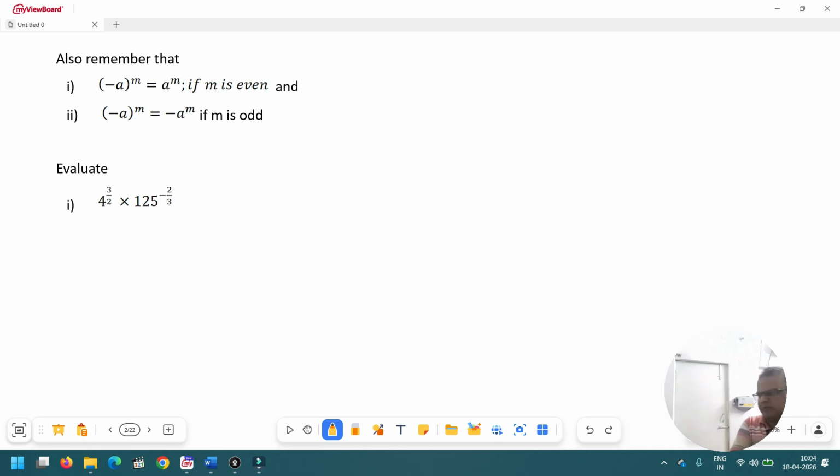Now consider the following example. We will solve it in multiple steps. In step 1, first convert the number into the power.